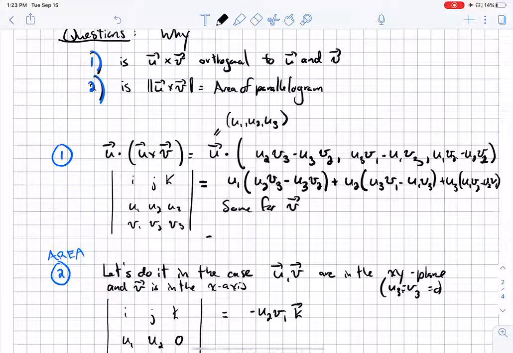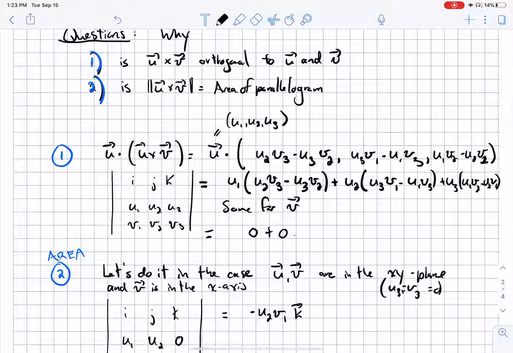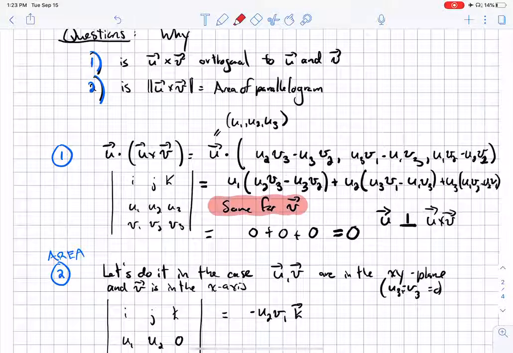Now you do some cleaning. I get u1 u2 v3, but here I get minus u1 u2 v3, so I get 0 for this. Same thing here: u1 u3 v2 with a minus, and u1 u3 v2 with a plus, so I get 0. And 0 also for the last one. You can check. So u is perpendicular to u cross v, and it's the same thing for v, with the same calculation.